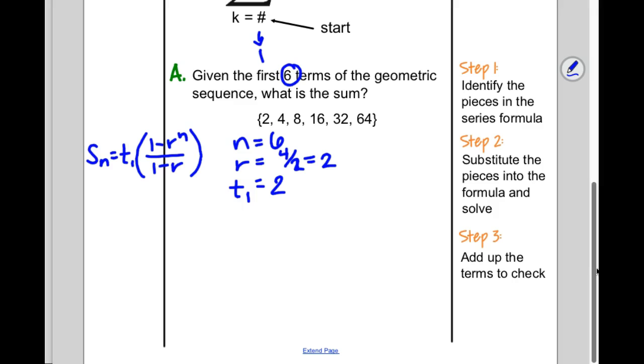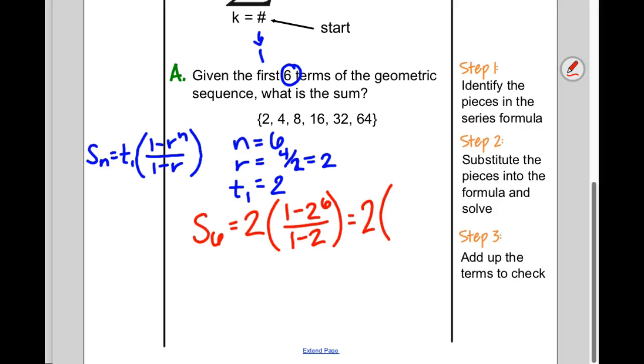So that means that our equation is going to say S sub 6 is equal to term 1, which is 2, times 1 minus 2 to the 6th over 1 minus 2. Well, 2 to the 6th is 64, so we got 1 minus 64 over 1 minus 2. 1 minus 64 is negative 63 over 1 minus 2, which is negative 1.